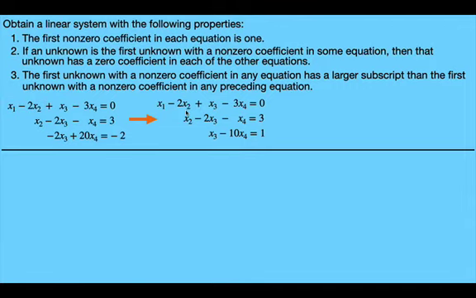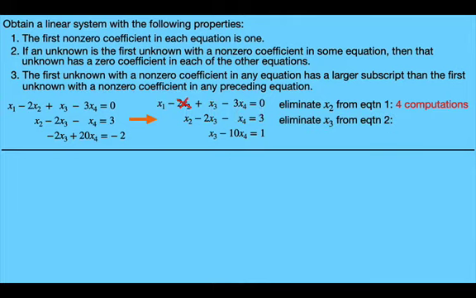To do this would require 4 computations, 1 computation for each term that has a non-zero coefficient in both these equations, so these 3 computations, and then 1 extra computation for the constant on the right-hand side. So that gives us our 4 computations to eliminate the x sub 2 term of the first equation. And then from there we would have some new system where this x sub 2 is gone.